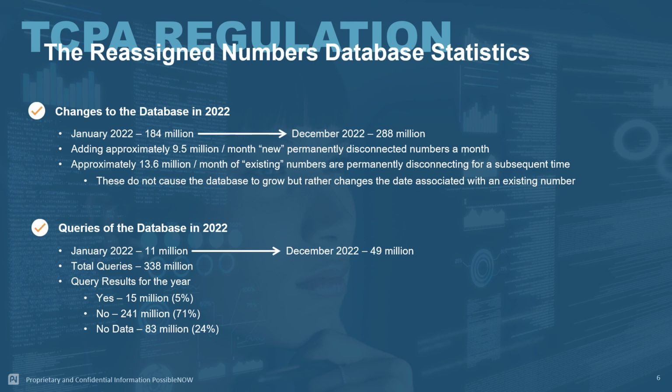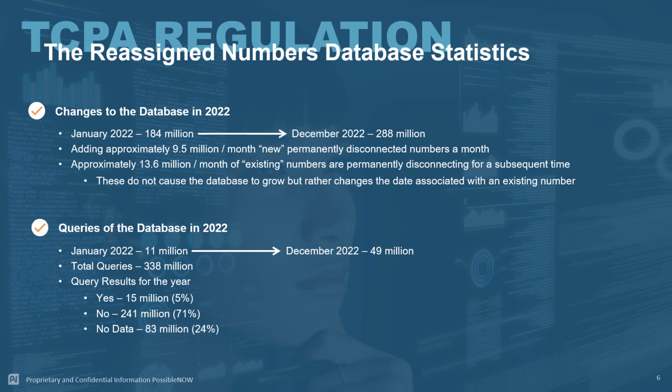Next, we'll talk about queries of the database for the entire year. In January, there were 11 million queries of the database, and in December, that number had grown to almost 50 million, almost a five-fold increase in queries per month. We saw about 338 million total queries of the database for the year.